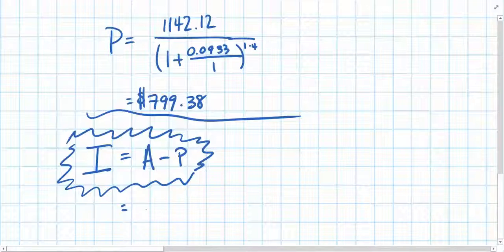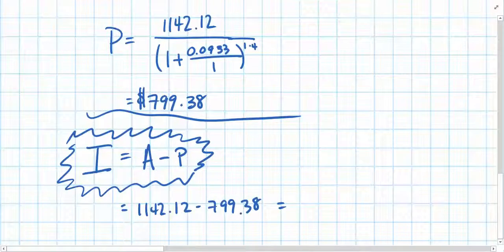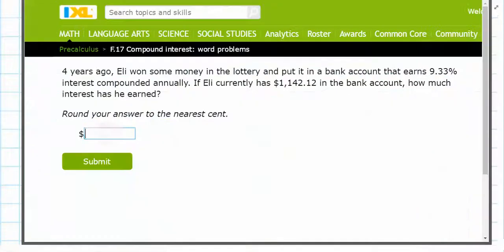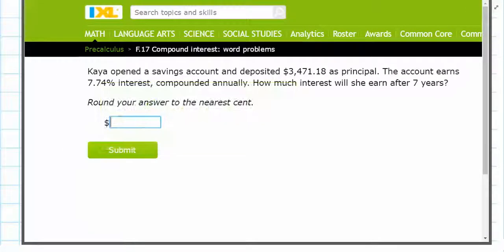So in this case, 1142.12 minus 799.38 leaves us with $342.74 earned in interest. That appears to be a good answer.